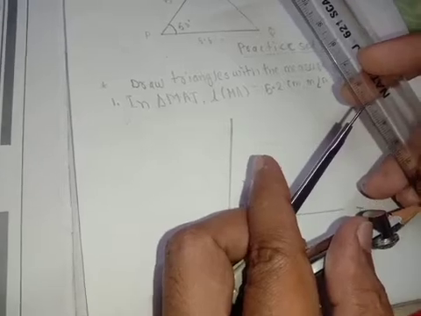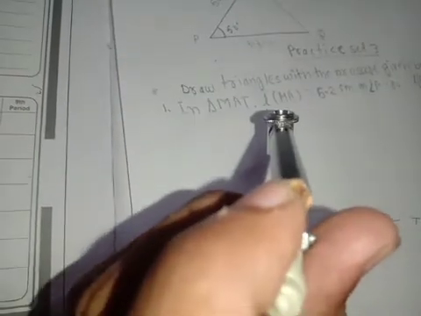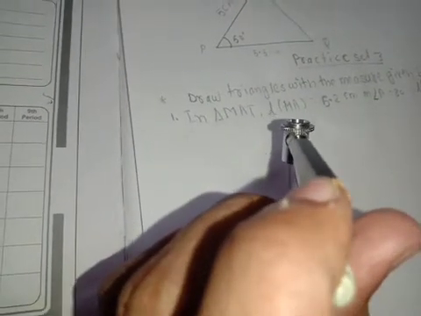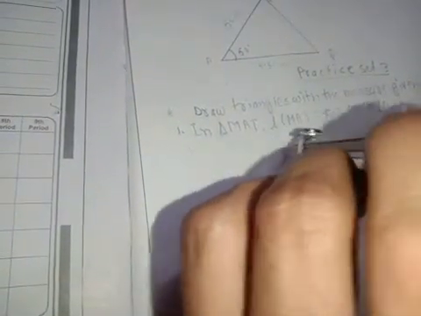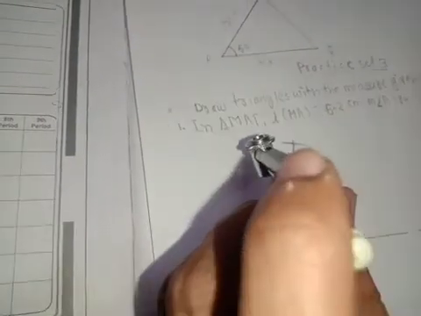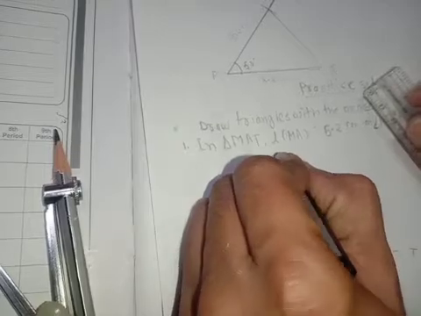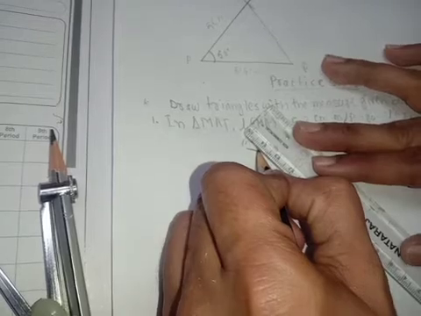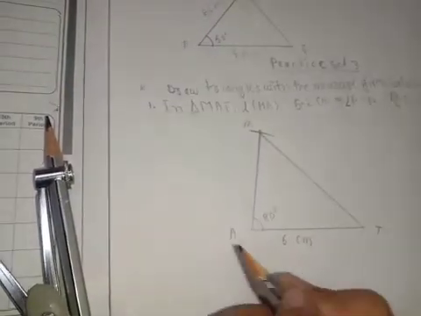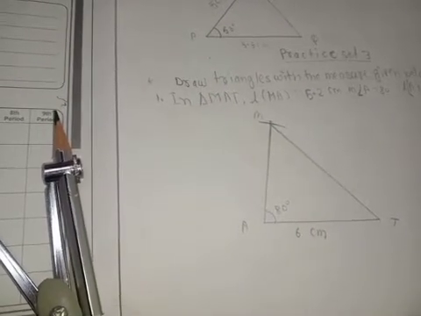This is our 5.2 centimeters. Let's make an arc. Place the needle on point A and make an arc here. This is our 5.2 centimeters. This is our point M. Join point M and point T. Let's join these two points. So this is our triangle MAT. I hope you understand it.